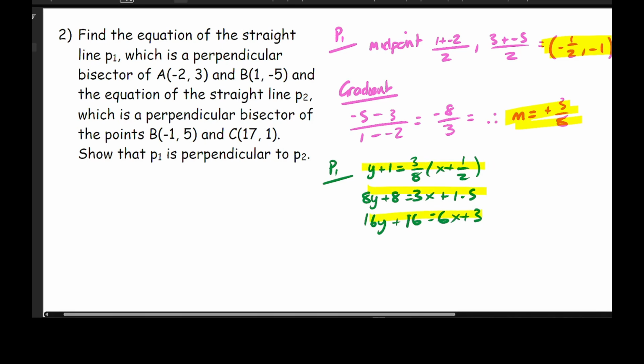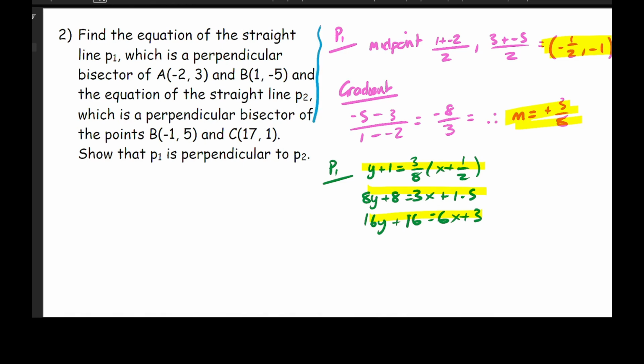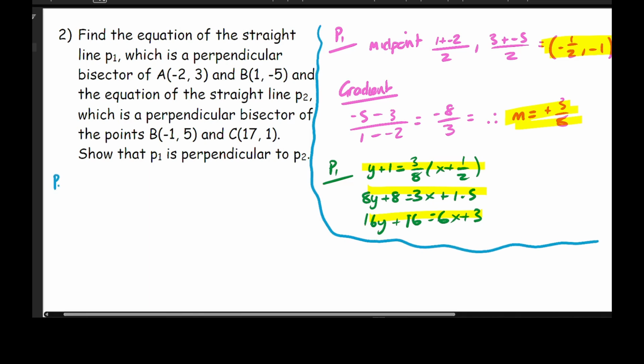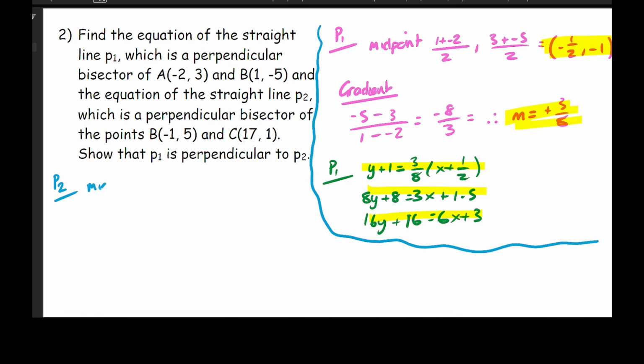Then if we repeat the process for P2, we're finding the midpoint, and we get a midpoint of 9, minus 2.